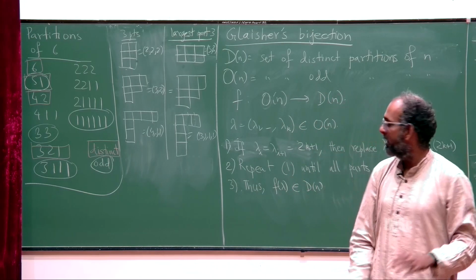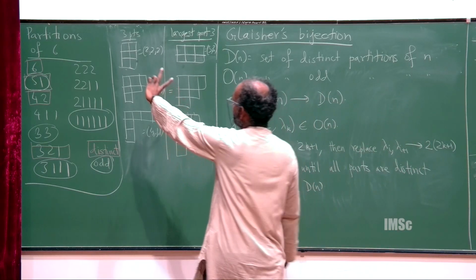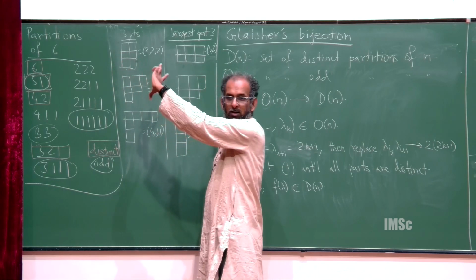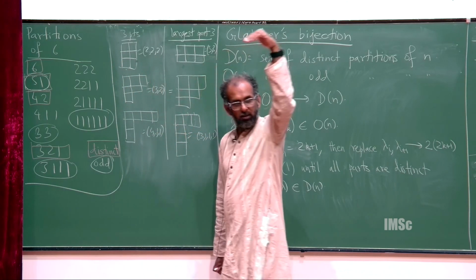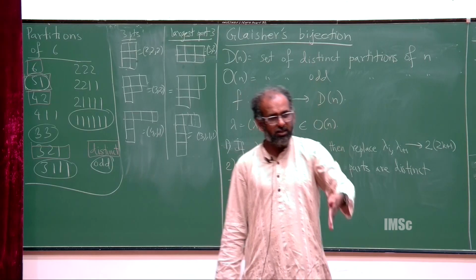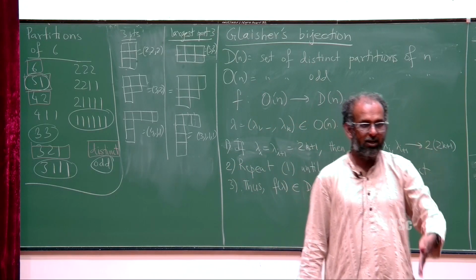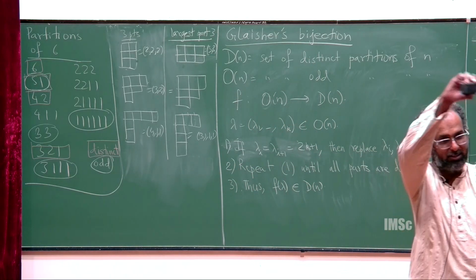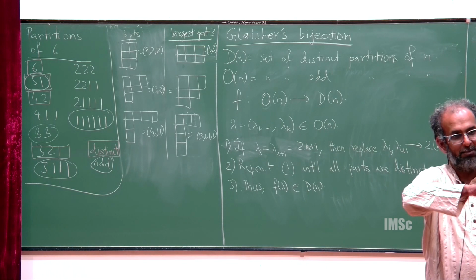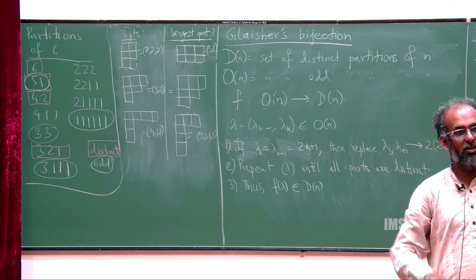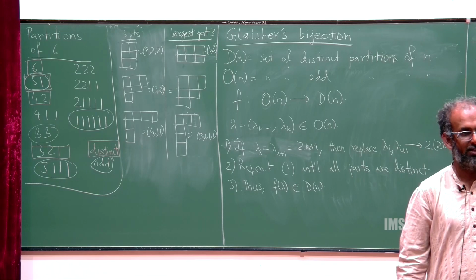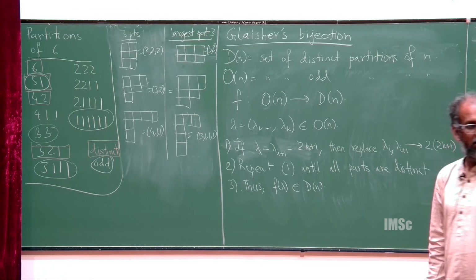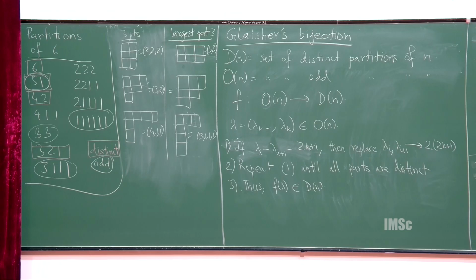So that means if you had k parts over here, then the first column when you read it will have length k. If you have k parts, that means the first column has length k, and then it's decreasing, and the first column is the largest part, right? Another way of saying it: did all of you study linear algebra?